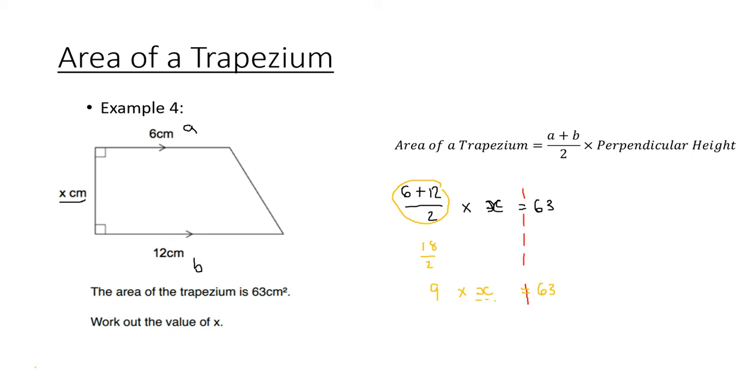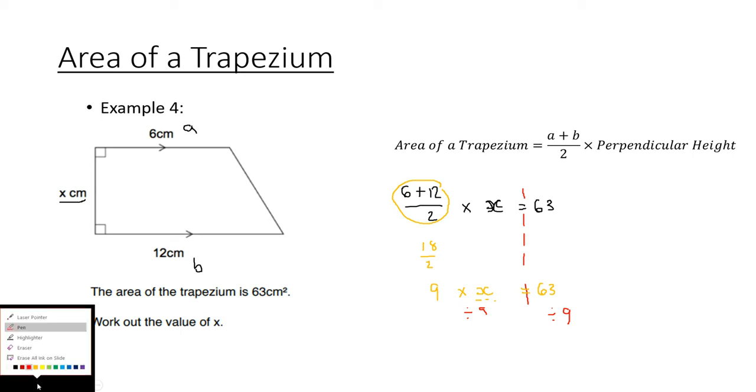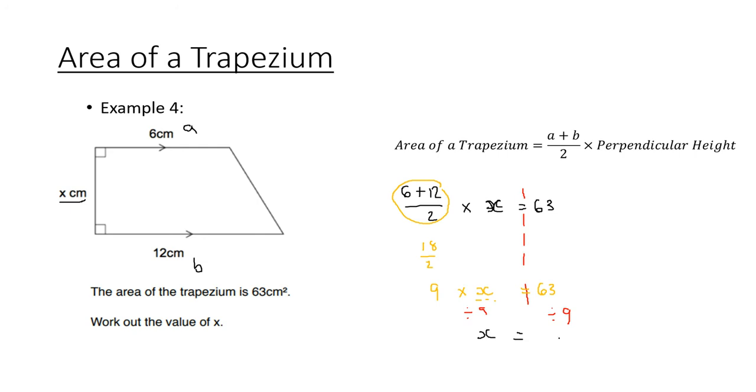So how do I get rid of the multiply by 9? I have to divide by 9, so I divide both sides by 9. Then x is equal to 63 divided by 9, which gives me an answer of 7. So x is equal to 7 centimeters, remembering those units.